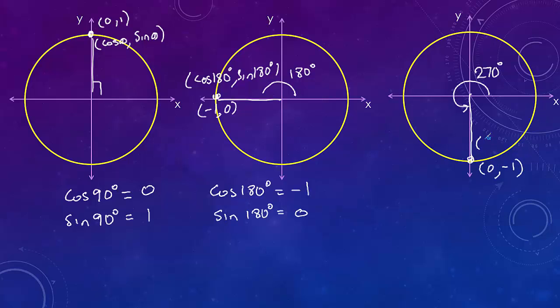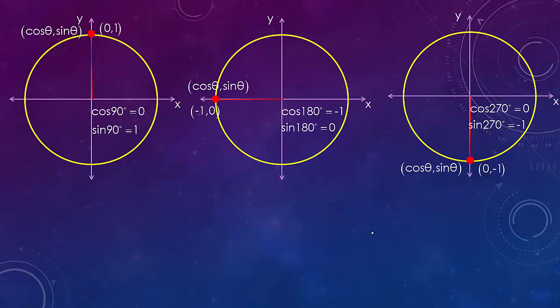But from all we've discussed, it's also cos 270 and sine 270. So that gives me that the cosine of 270 degrees is equal to 0, and the sine of 270 degrees is equal to negative 1.